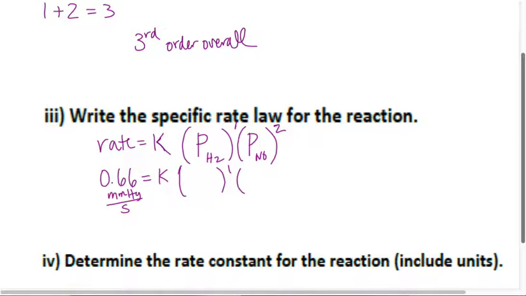Okay, which one's the H2? 150 to the first, and this is 400 squared. So go ahead and give me the numerical value of K, and then we're going to use the shortcut on the units. Give me 2 sig figs. 1 point what? Times 10 to the negative 8th? Negative 5th. What did y'all get? I don't remember this answer.